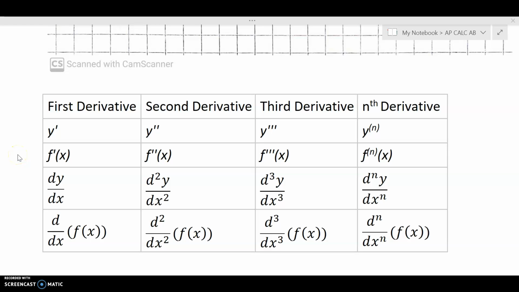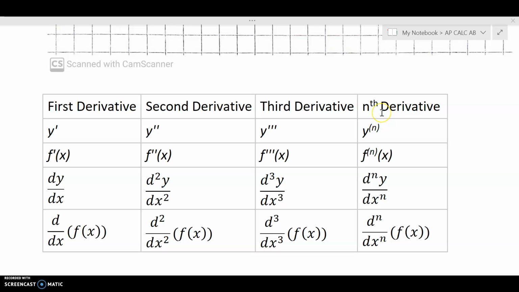Now you'll find that once you are asked to find the second derivative, the third derivative, and so on, the notation changes a bit, but it's pretty much the same. So for y prime, you just keep adding a prime until you go up to the third derivative, and then from then on, you just add the number.